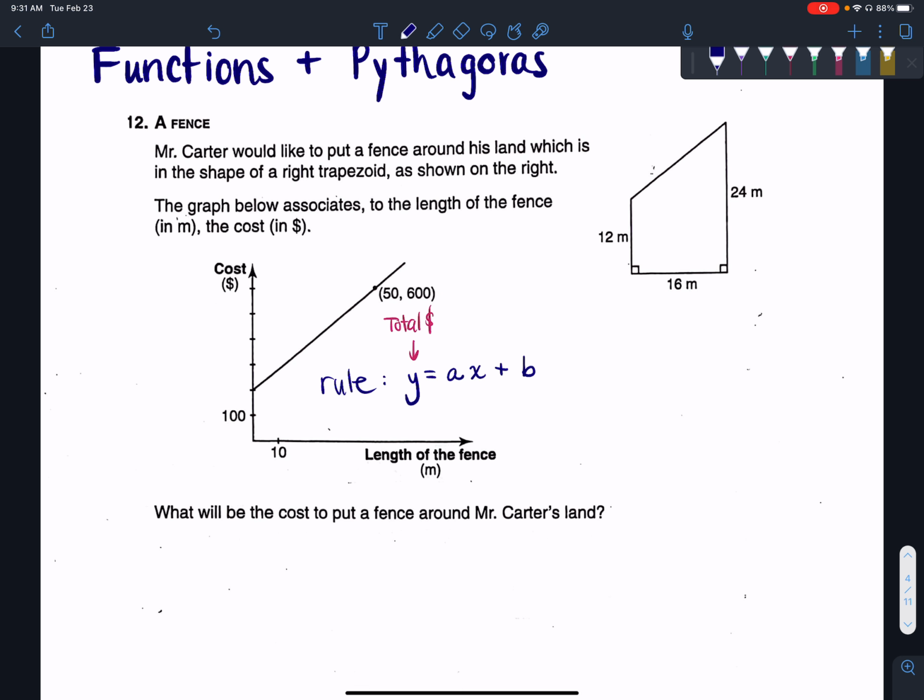So in this problem, our slope or our rate of change would be the cost per meter of fence. And our initial value in this case would be the installation fee.